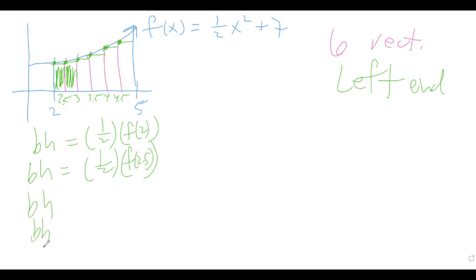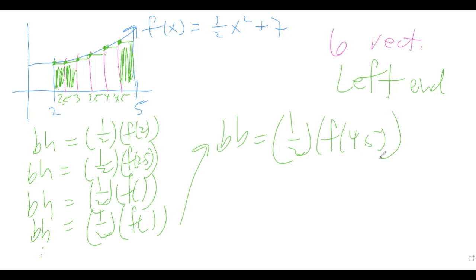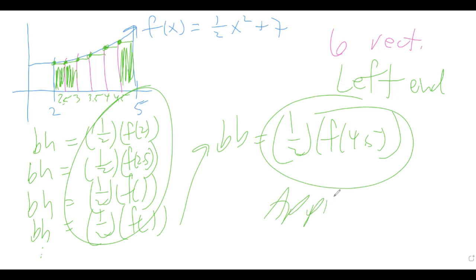For all 6 of these, it's going to be 1/2 times f of some number, depending on what it is. The last rectangle, this one here in the back, has base times height of 1/2 times f of 4.5. Then you add up all of these numbers together, and that gives you the approximate area.